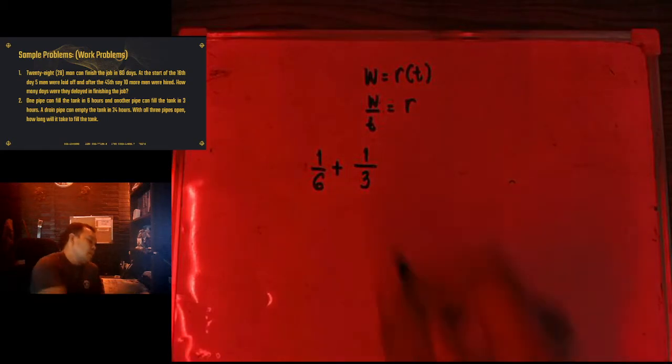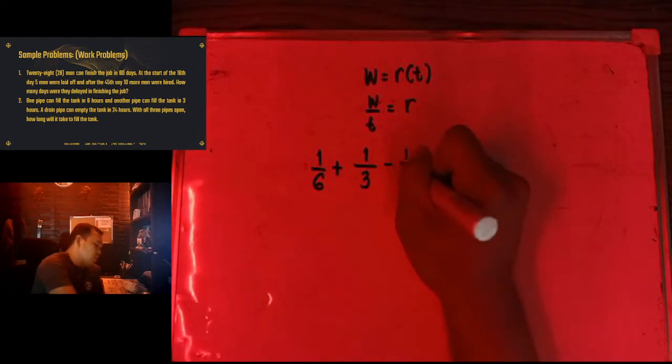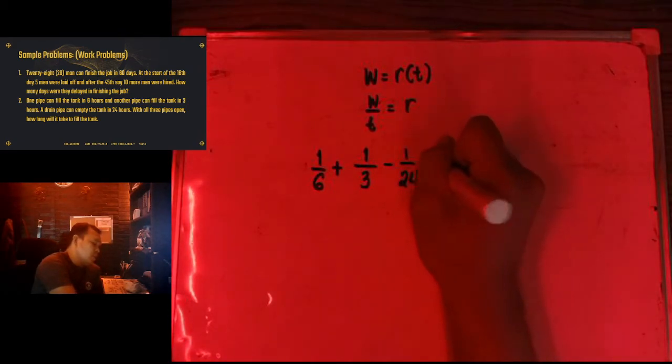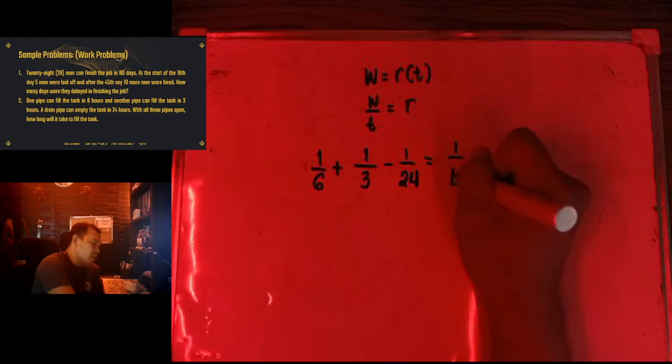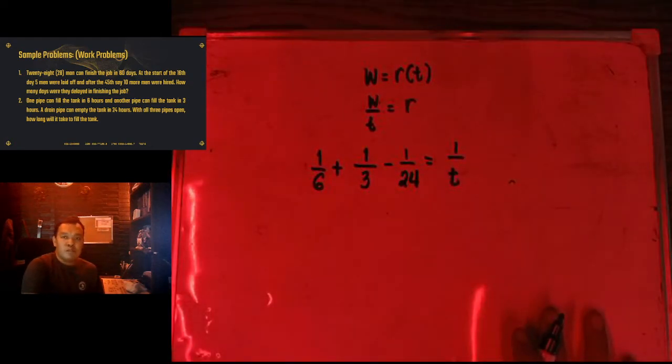Tama. Okay. So, minus 1 all over 24 tayo equals 1 all over time to get the total time na mapi-fill yung tubig, no? Kahit may nakabukas na pang drain.